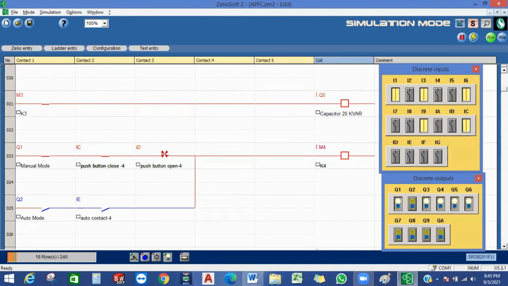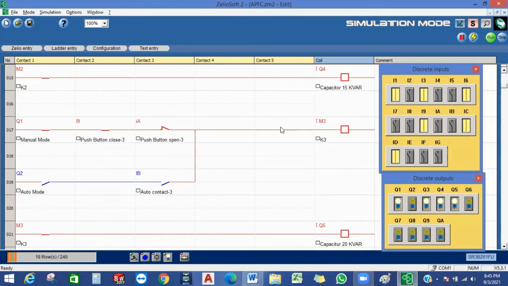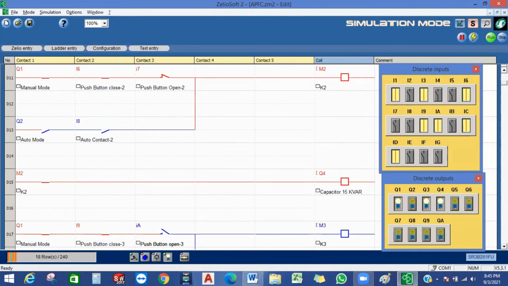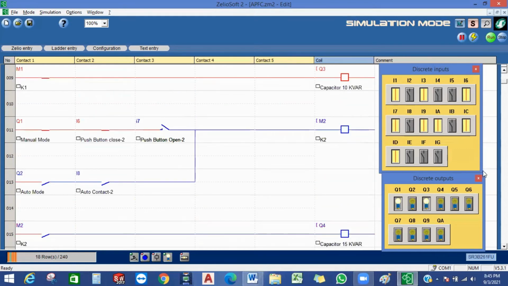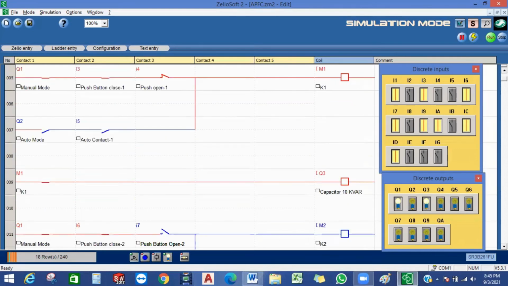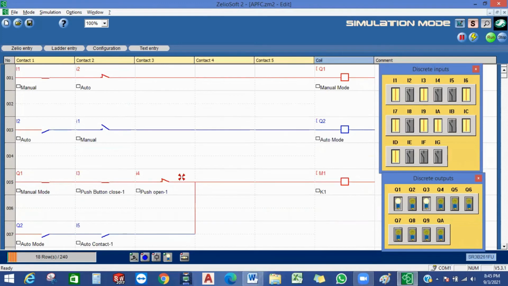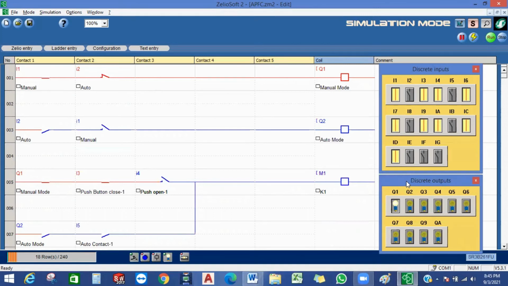For that I will switch off this push button: fourth stage, the third stage, second stage, first stage. So this is the manual operation of the push button, contactor and capacitor.